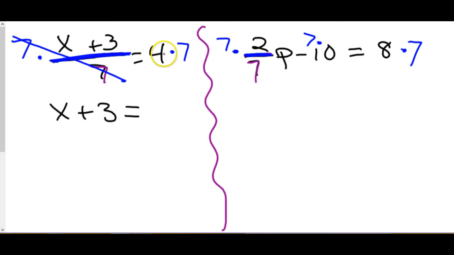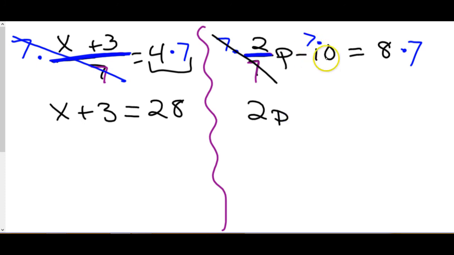On the other side, there's nothing to cancel, so we have to actually multiply. 4 times 7 is 28. Then we cancel over here. 7 and 7 cancel, leaving us with just the 2 and the p. 7 times 10 is 70. And 8 times 7 is 56.